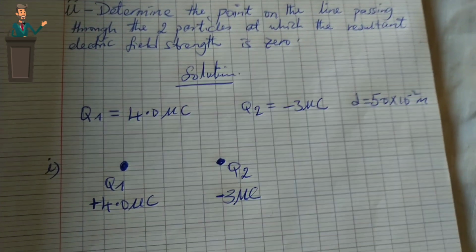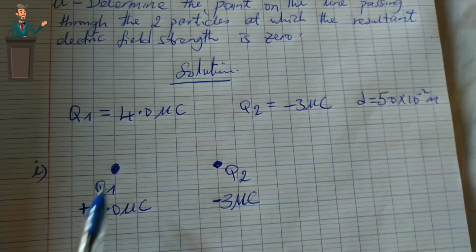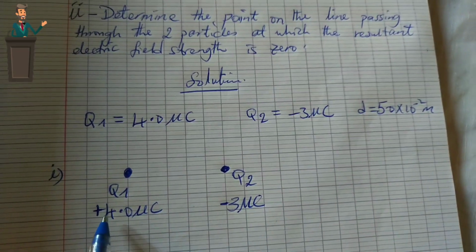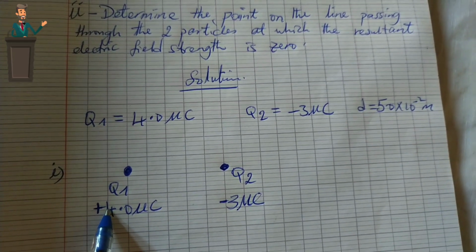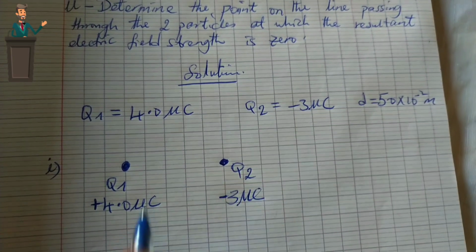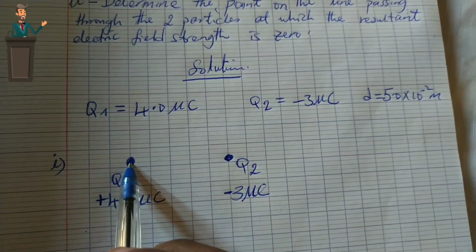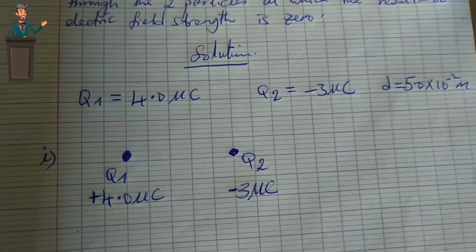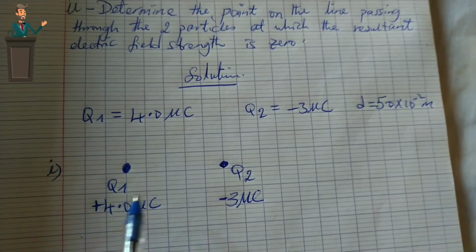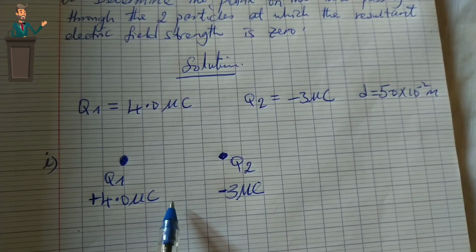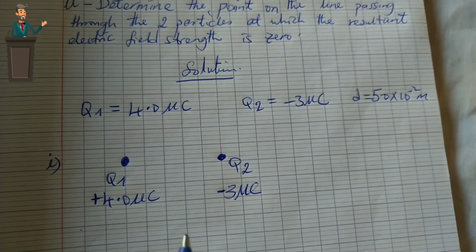And so we can represent our field lines like this. Since Q1 is positive and Q2 is negative, it means that the field lines will be moving from Q1, which is positive, to Q2, which is negative. And then secondly, the field lines are going to be curved. Why should the field line be curved? Because between these two charges, from the fundamental law of electrostatics, like charges repel.